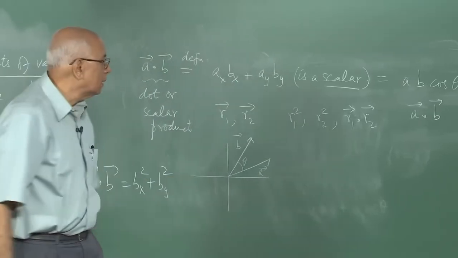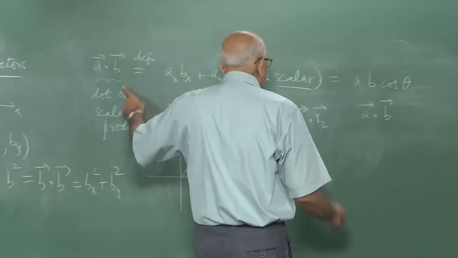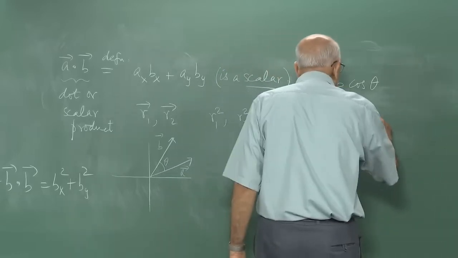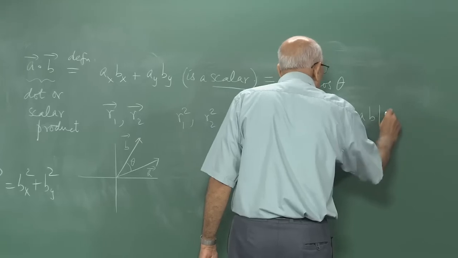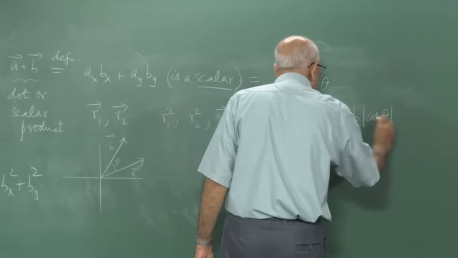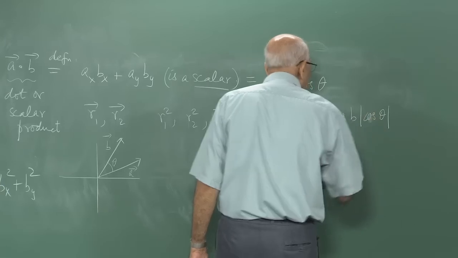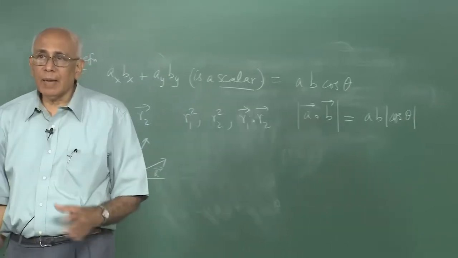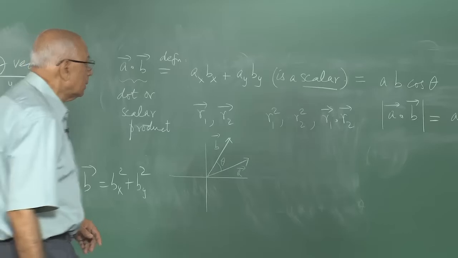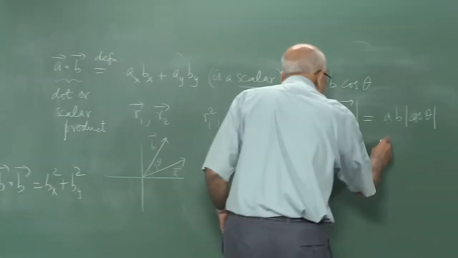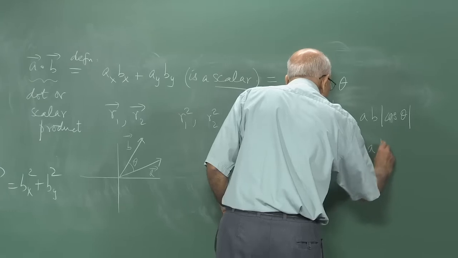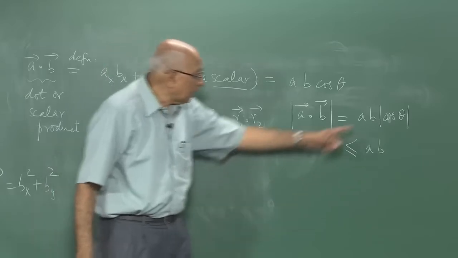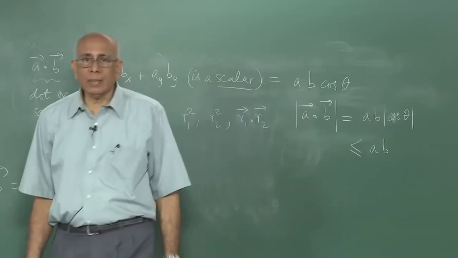So it also says that if you took the magnitude of A dot B, this is equal to A times B times the magnitude of cos theta, because A and B themselves can't be negative, they are magnitudes of vectors, and this is less than or equal to A times B, because the magnitude of cos theta is less than or equal to 1.